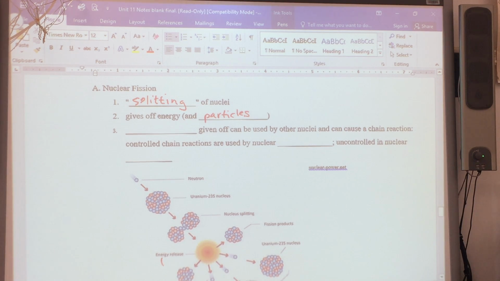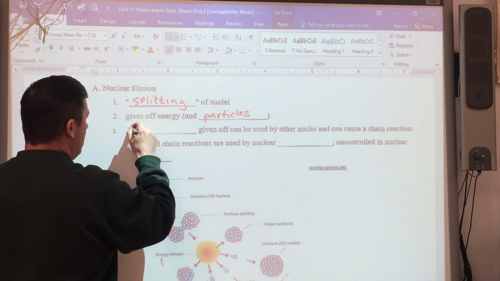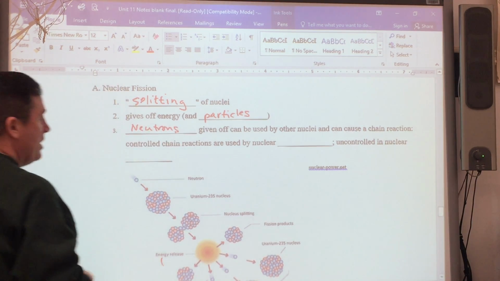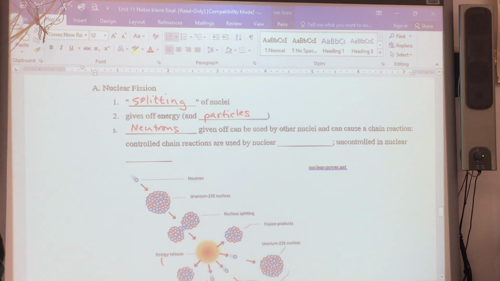And what happens here is the particles, and specifically neutrons given off, can be used by other nuclei and cause a chain reaction. It can cause a chain reaction.